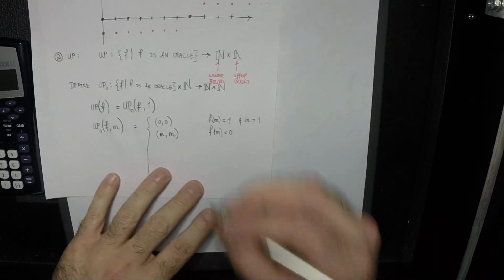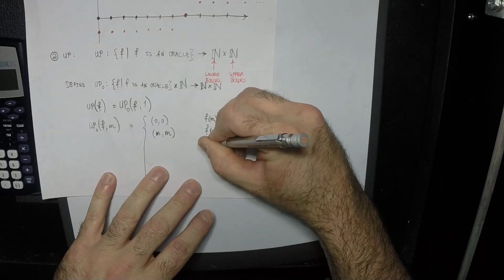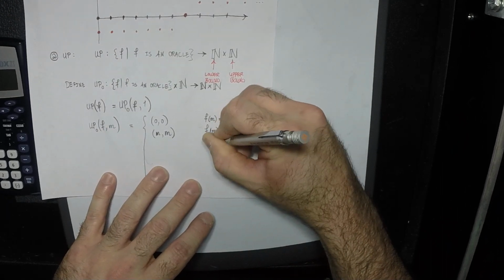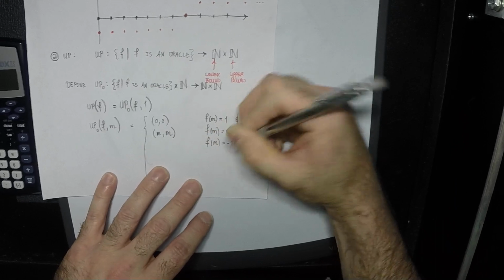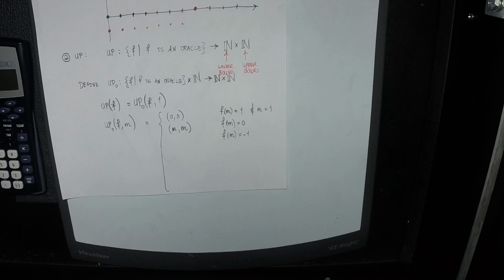So I take that to mean you're asking what if f of m is -1? That could occur. In the game, conceptually, that means you guessed too low, so we need to continue, which is to say we're going to need to recurse.